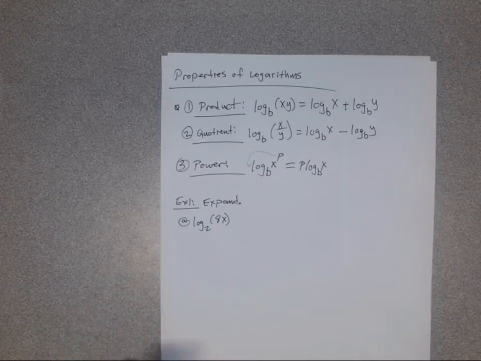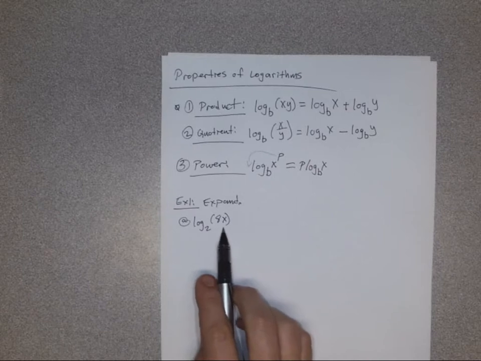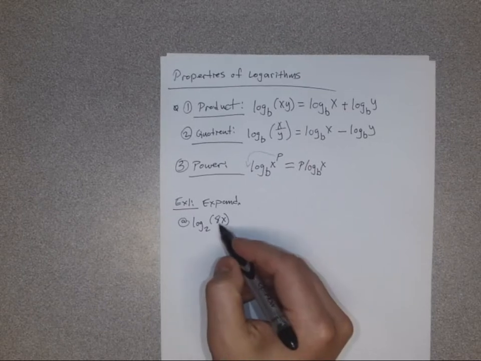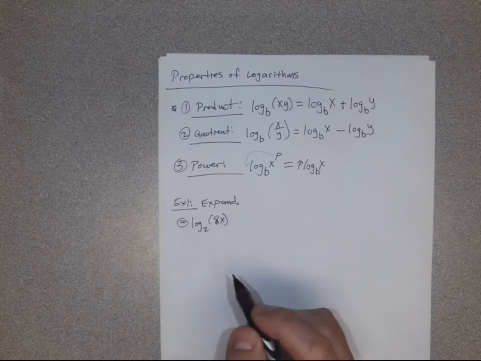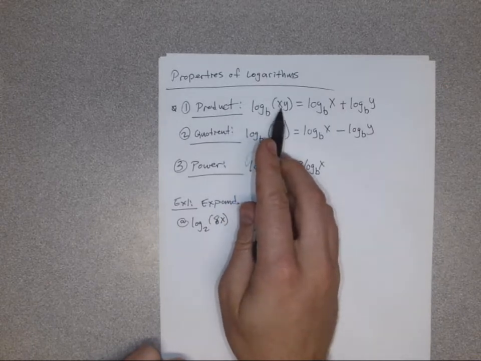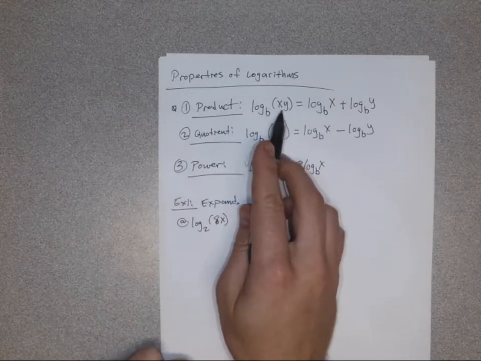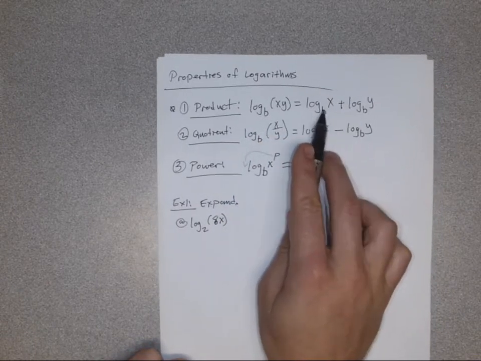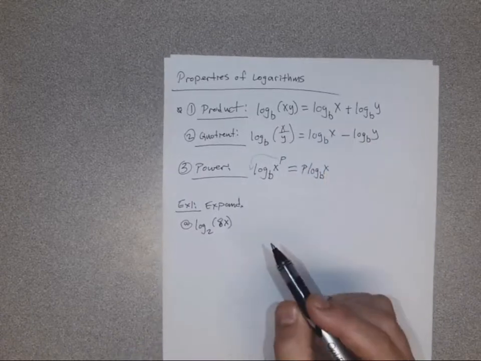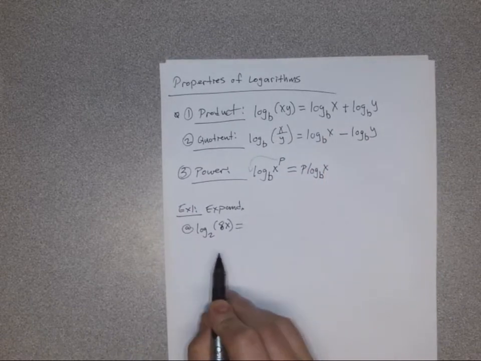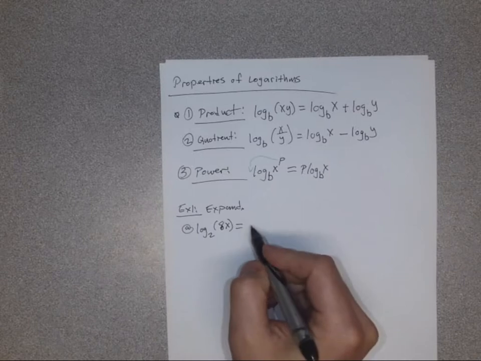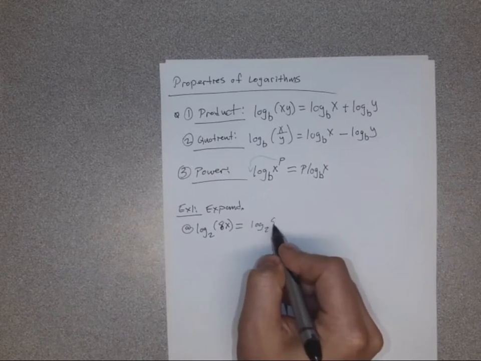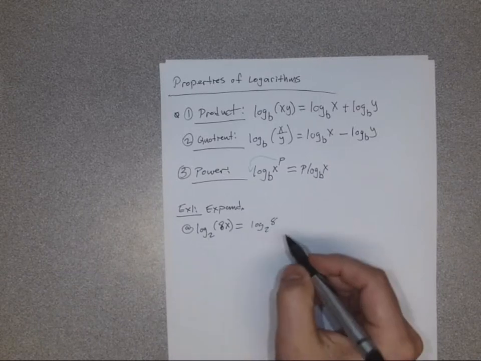First you need to be able to identify what we're doing. We're multiplying these two things together, 8 and x. So that means we're going to use the product rule. It says if we're multiplying two things together, then we can break them apart into two different logs and add them together. So this is equal to log base 2 of the first one, 8, plus log base 2 of x.